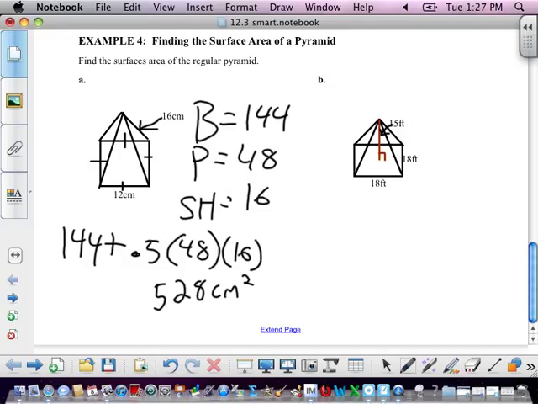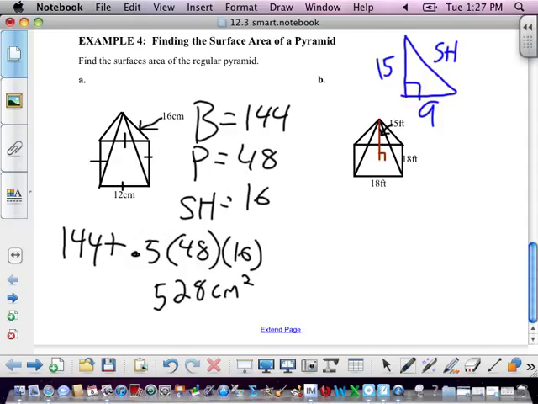All right. So we know B is going to be a little bit harder because what don't we have? We don't have slant height. Okay, so let's find slant height first. We've got this interior triangle where the height is 15. We don't know what the slant height is. What is the base of it? Is it 18? No. What is it? It's 9. That's what we're talking about with half the base.